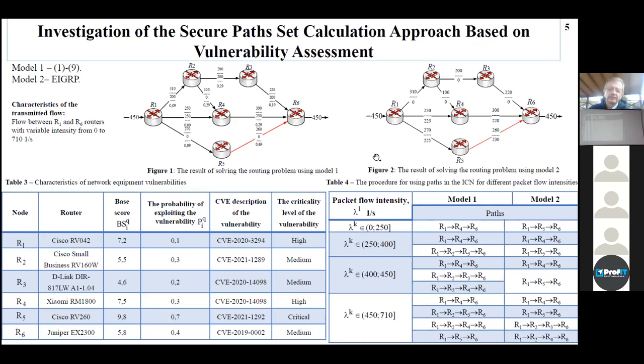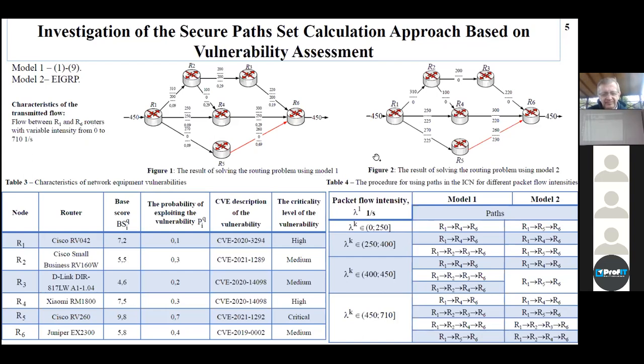The intensity of the packet flow varied from 0 to 710 packets per second. In table 3, each node of the network had a special description of the existing vulnerability according to the CVE database of well-known information security vulnerabilities. This CVE database is designed to collect, store, and disseminate information about identified vulnerabilities. Each vulnerability is provided with an identification number, a description, and a number of publicly available descriptive links.